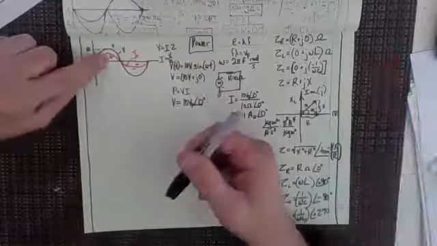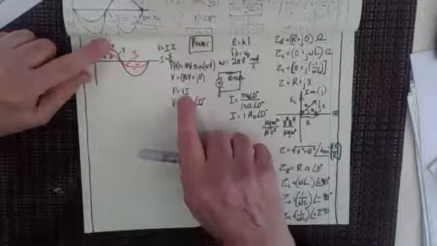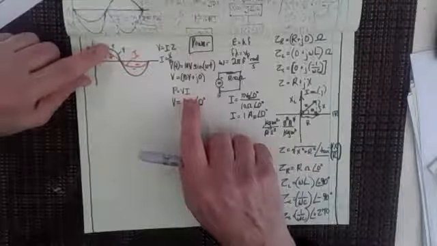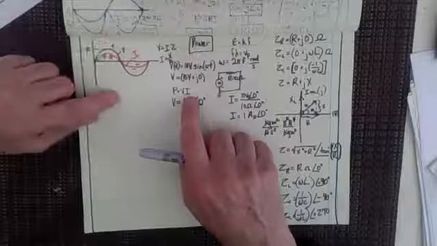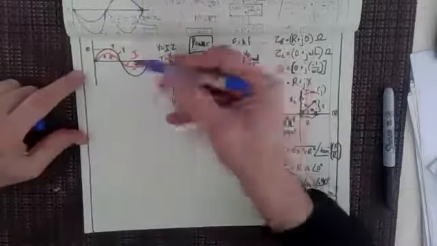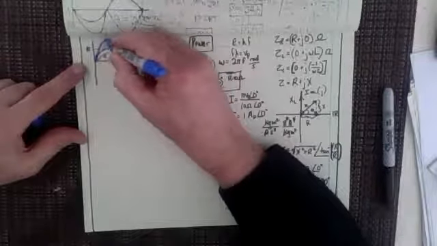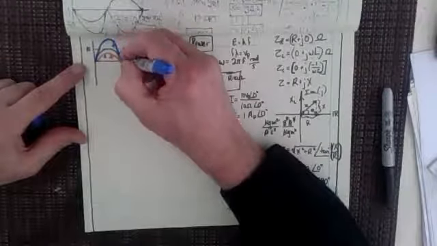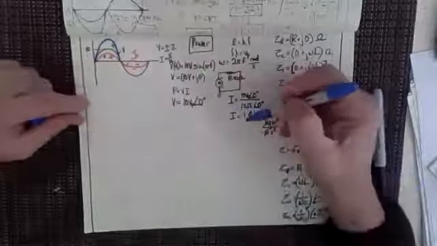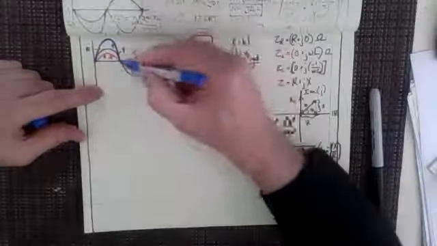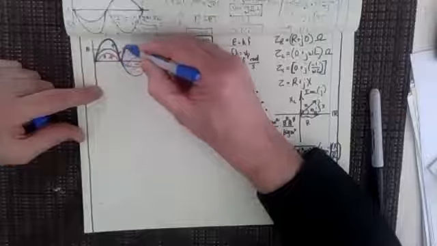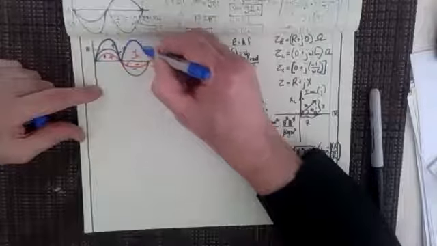So positive times positive, V times I, gives me a positive, and negative times negative gives me a positive too. So I've got two positives. And so when we look at the power, positive times positive is going to give me a positive power for the first half cycle. And then negative times negative gives me a positive, so that gives me a positive power for the second cycle.